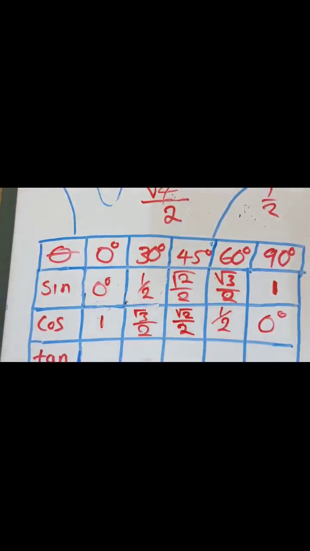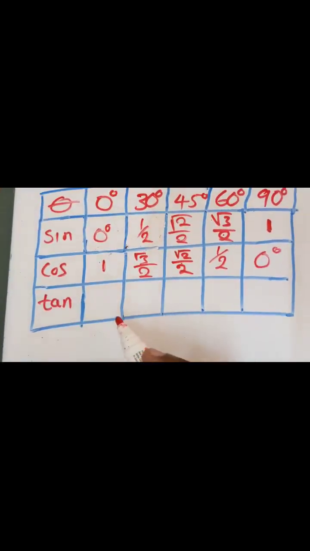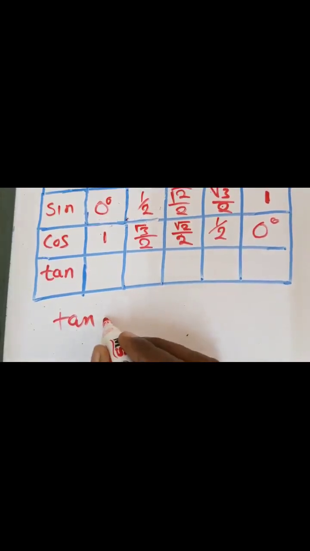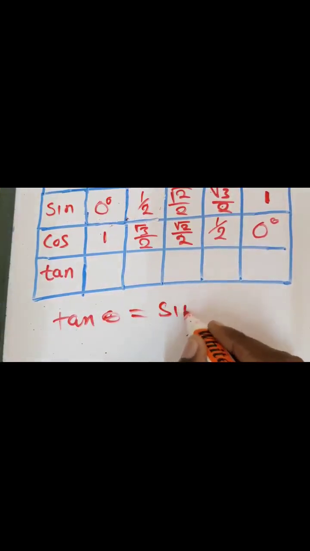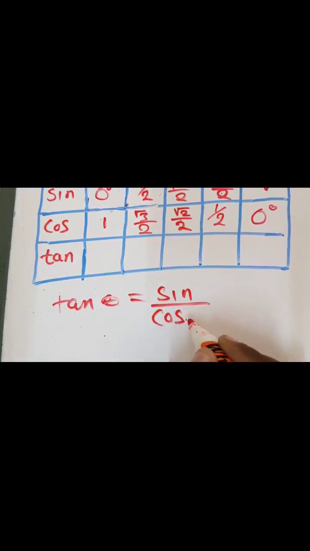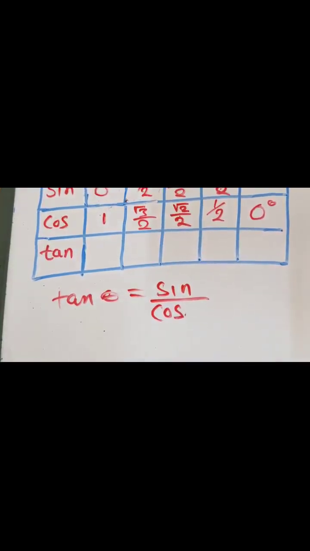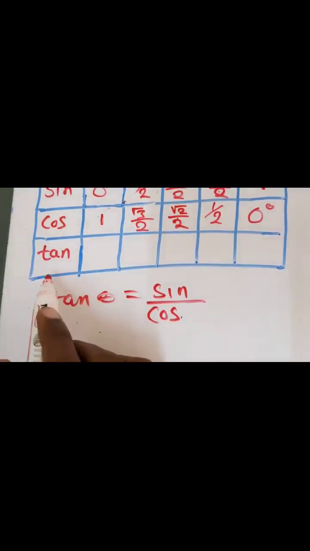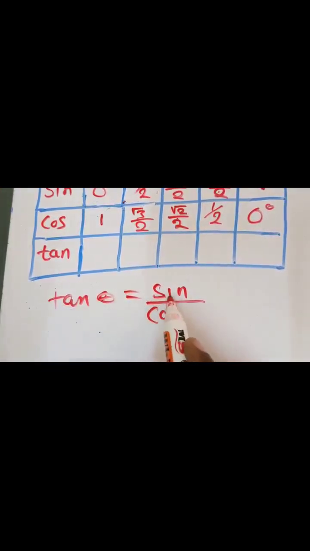Then if you want to find tan now. The formula for tan theta is equal to sine divided by cos. Okay, so you need to know this formula again. Tan is equal to sine over cos.